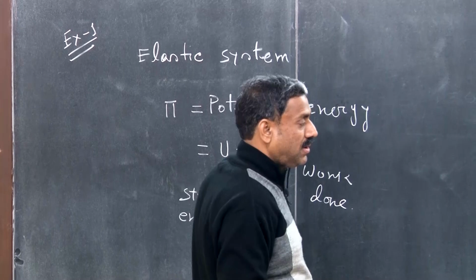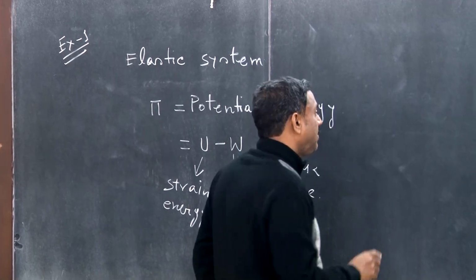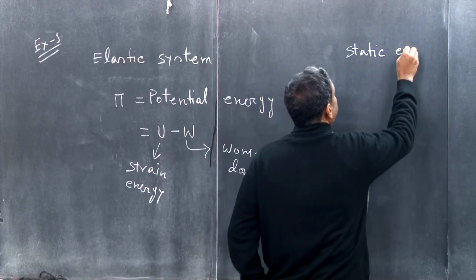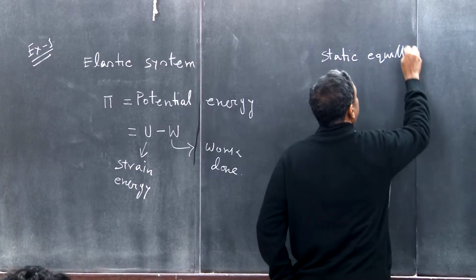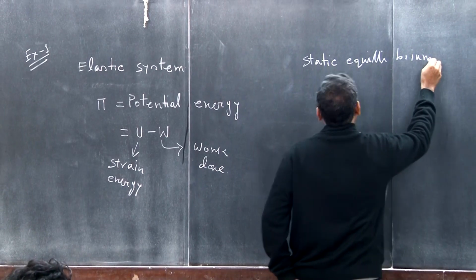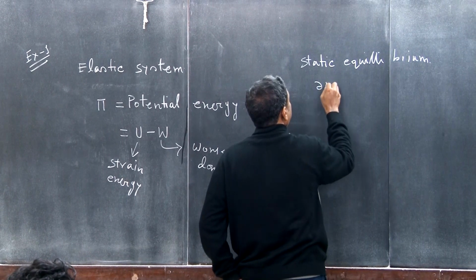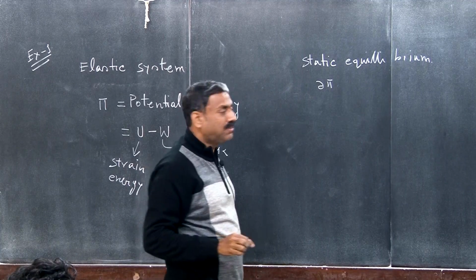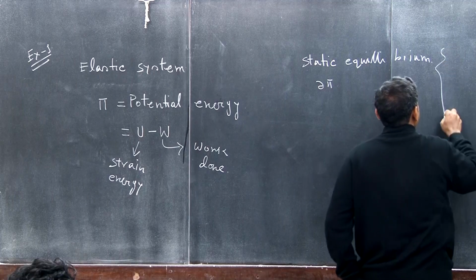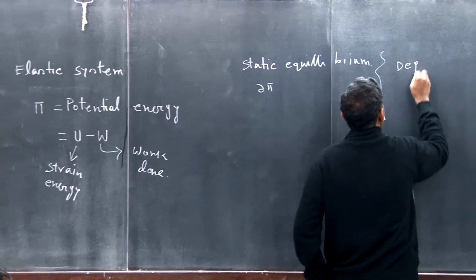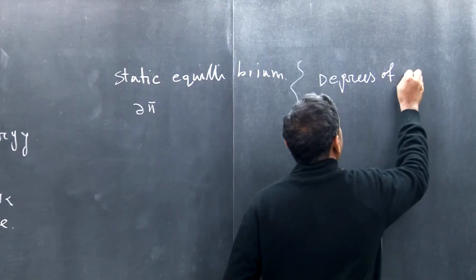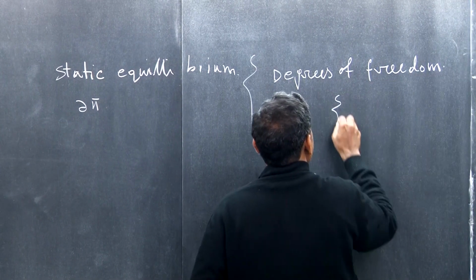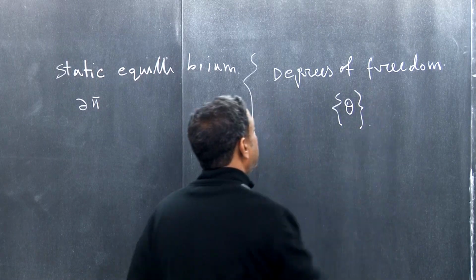Then, if you can recall, in static equilibrium, we consider the elastic system which has some degrees of freedom. The degrees of freedom we have defined in terms of some vector theta, right.